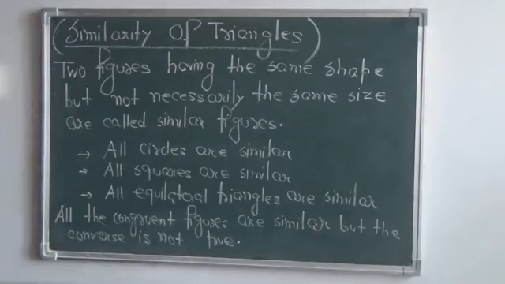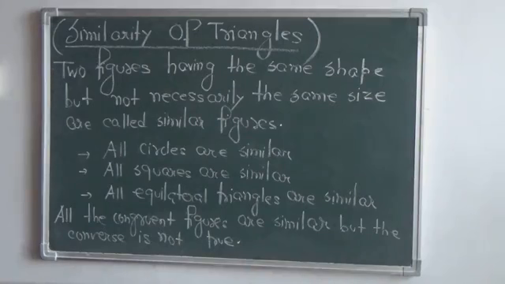So if two figures are congruent, they are similar, but every similar figure cannot be called congruent, because in congruency there is a strict rule that they have to have the same shape as well as the same size. In similarity, we do have the same shape, but the sizes may vary. So all congruent figures are similar, but in the reverse case, similar figures may not be congruent.